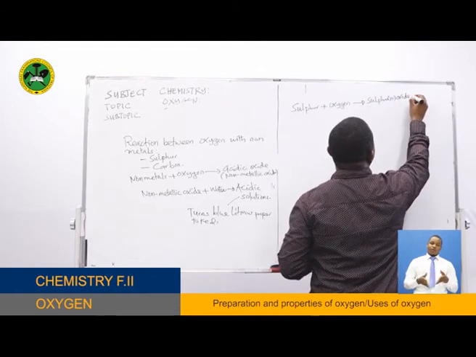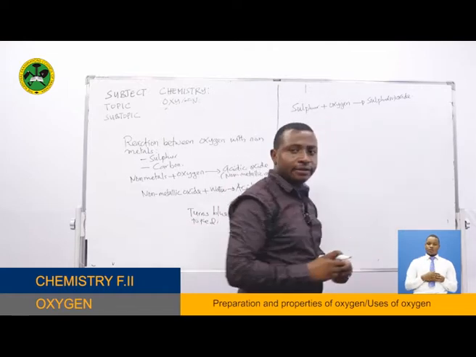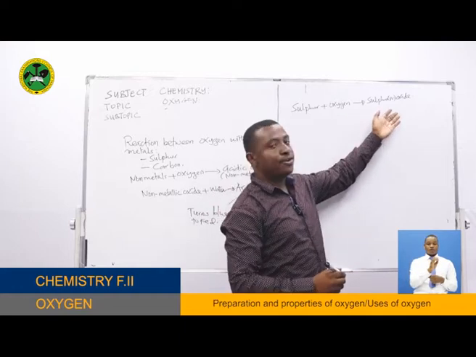It produces sulfur dioxide, sulfur 4 oxide. When sulfur reacts with the oxygen, it produces sulfur 4 oxide.